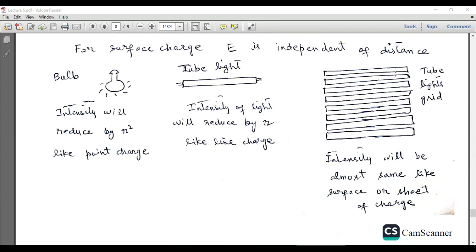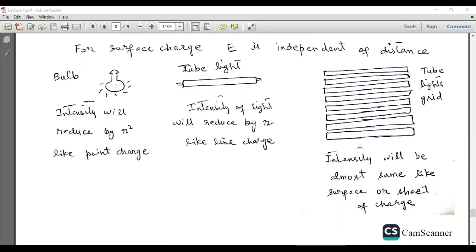In case of a sheet of charge, as in electrostatics, the intensity of the electric field will be independent of the distance. And here, if we have a sheet of lights, the intensity of the light will be independent of the distance. That's why a tube light is a strong source of light, and light gets very little attenuated with the increase of distance.